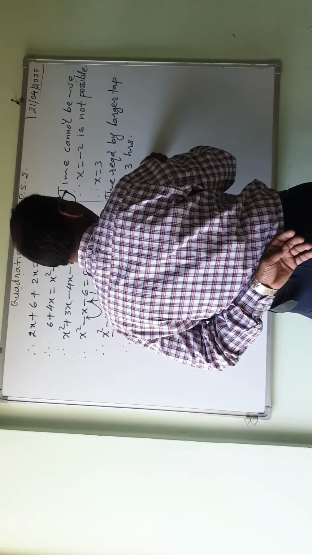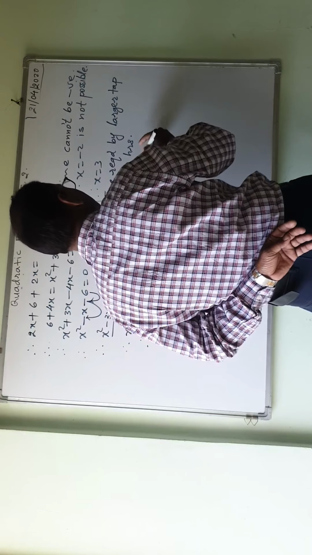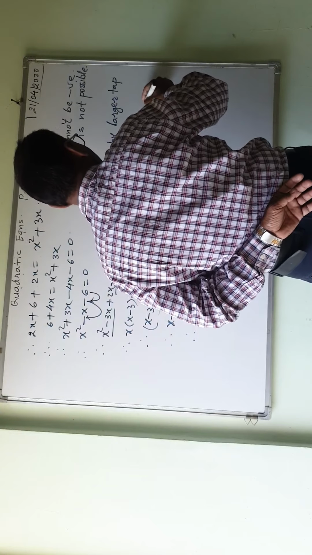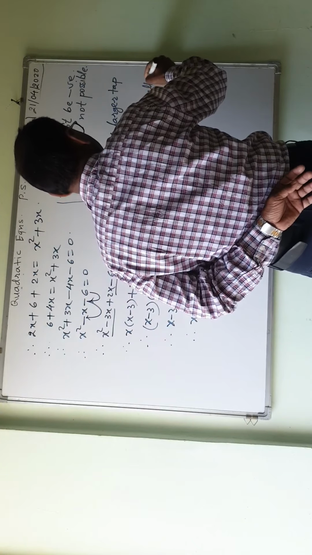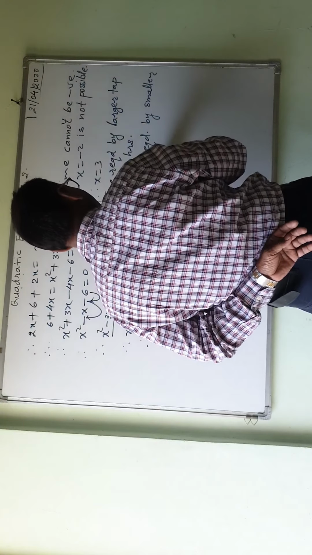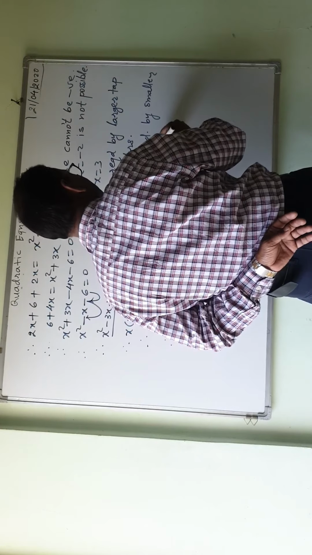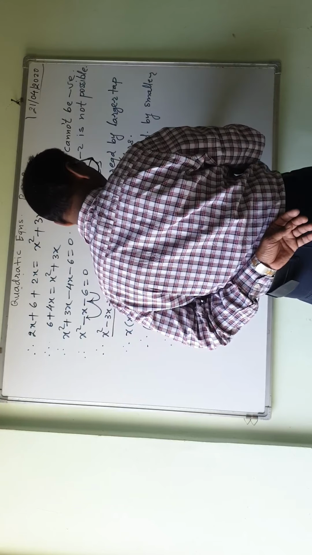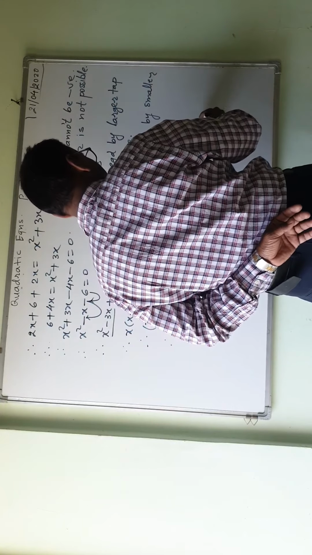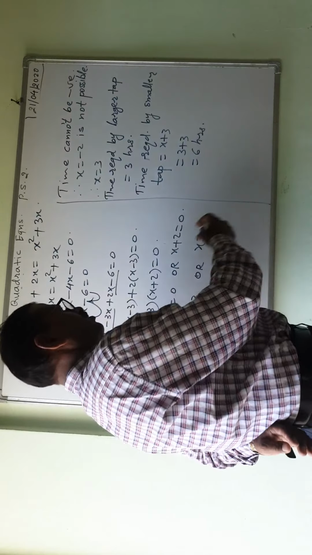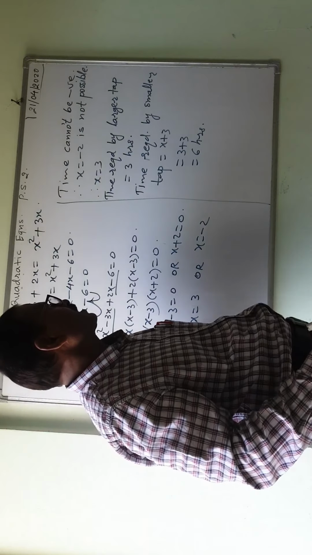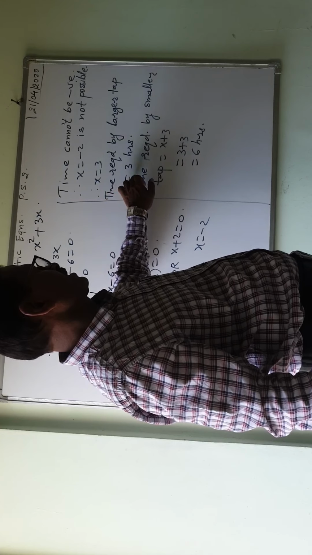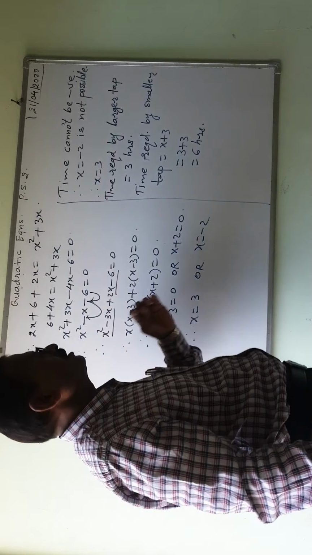Time required by smaller tap is equal to x plus 3 is equal to 3 plus 3 is equal to 6 hours. So answer, you write properly. Answer, the time required by the smaller tap will be 6 hours and time required by the larger tap will be 3 hours. This way.